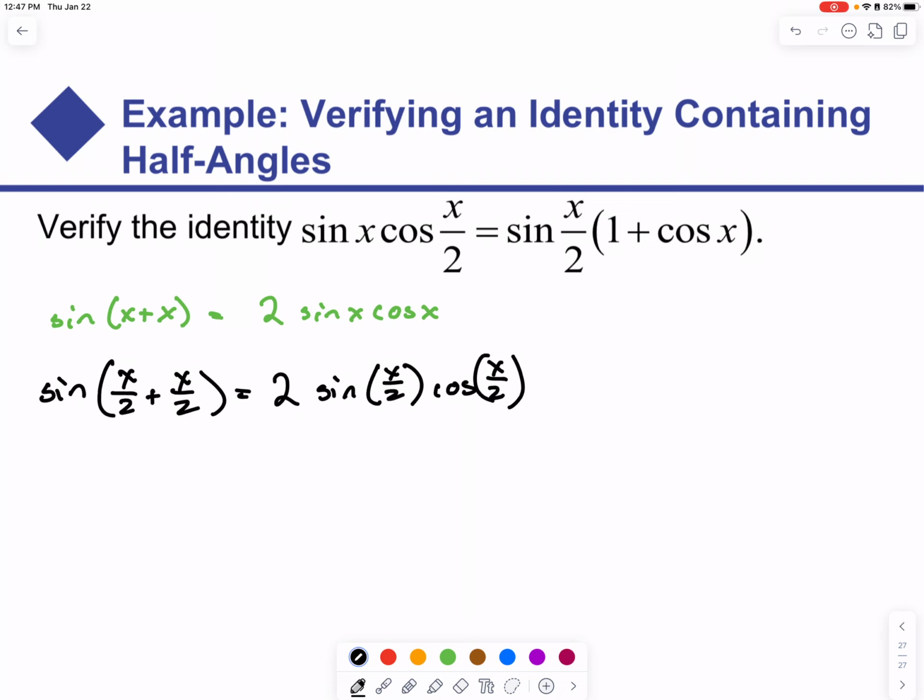So on the left we have sine of x. Here, x over 2 plus x over 2, that's just the sine of x, which equals 2 times the sine of x over 2 times the cosine of x over 2. Okay, let's keep going.